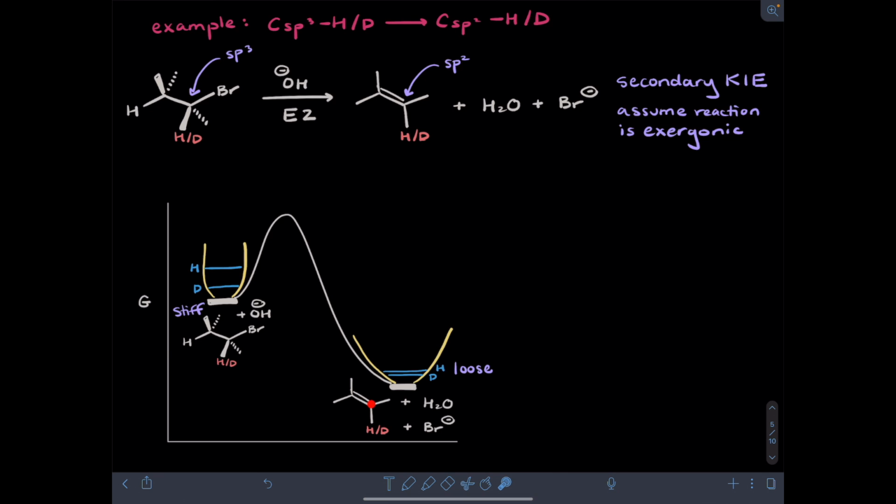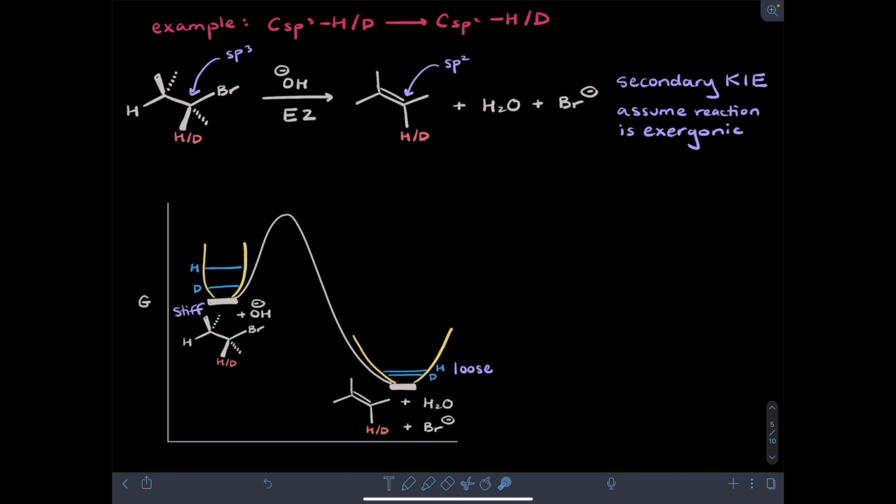For the sp2 hybridized carbon-hydrogen or carbon-deuterium bond in the product, I have a lower frequency out-of-plane bend, and I have a wide energy well corresponding to a small difference in 0-point energies for deuterium compared to hydrogen.